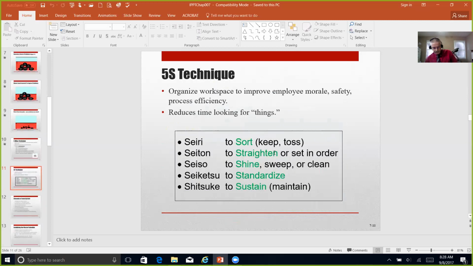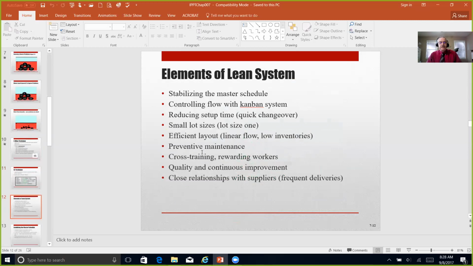And here's the 5 S techniques that, again, are at the bottom of page 141, table 7.2. And some of the elements of a lean system.